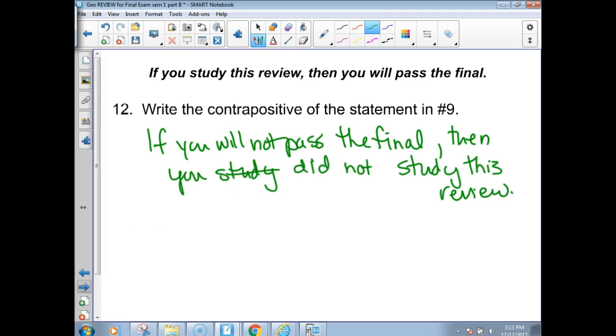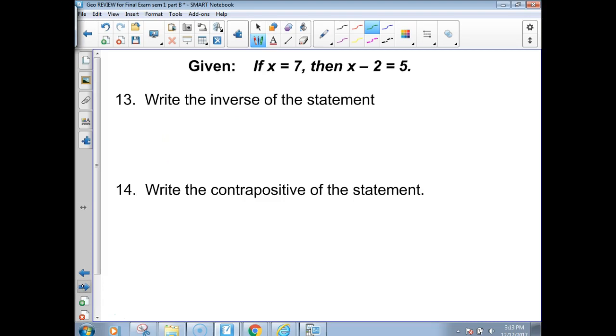All righty. Is this on the next page? All right, let's talk about this quick because I'm sure a lot of you got to here and you might have a question about that. Write the inverse. How can I make this be not? Any ideas on that? Well, the inverse negates the hypothesis and the conclusion.